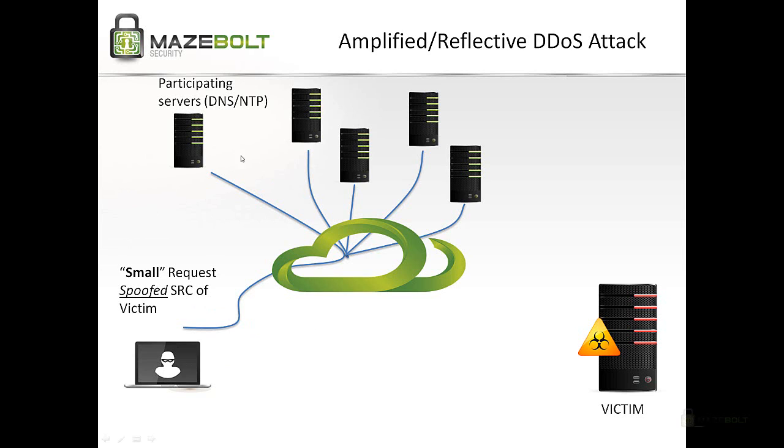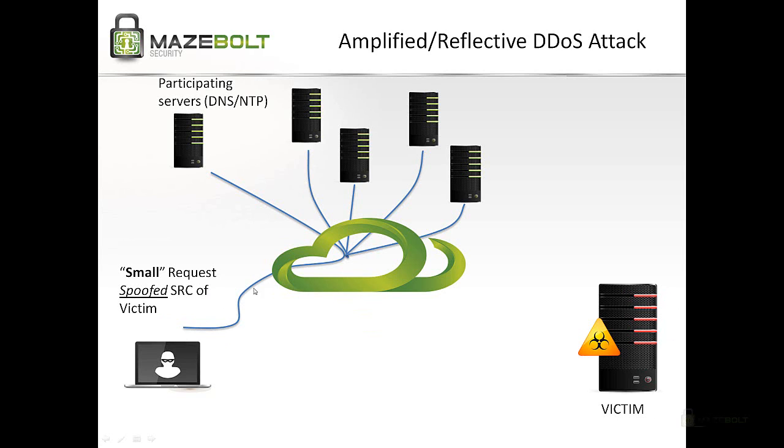These servers here will all respond to the request, but instead of responding back to the client, in this case our malicious attacker, the attacker actually sends the request with the source IP spoofed with that of our victim.